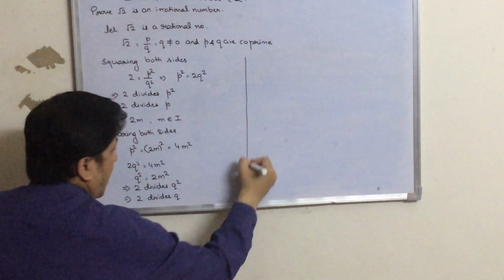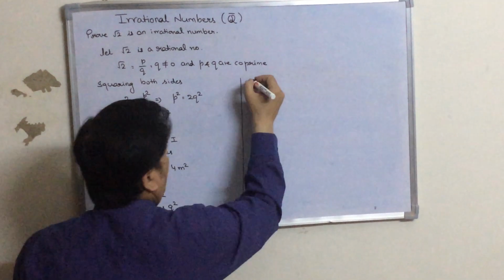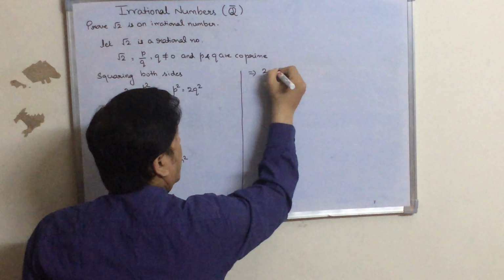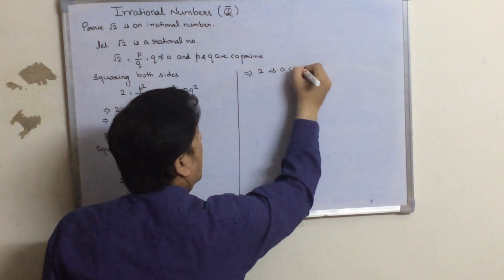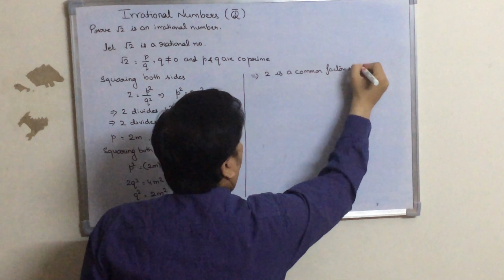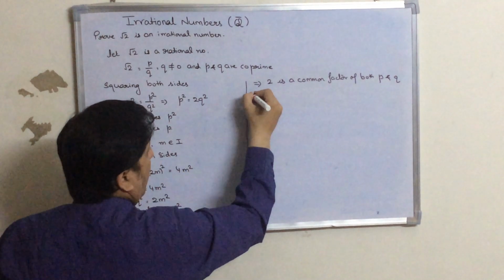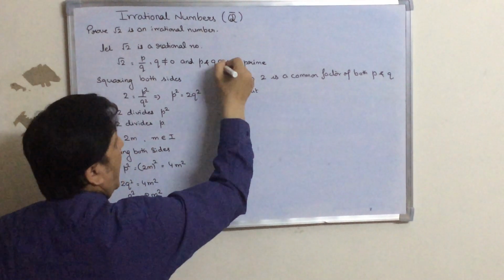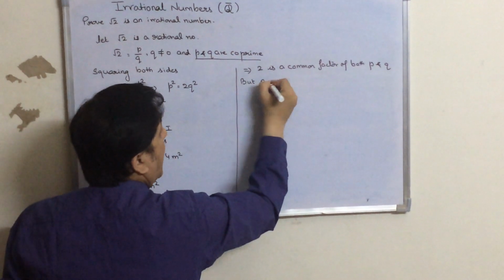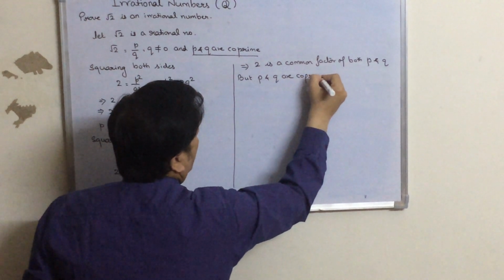Now from this we get that 2 is a factor of P and Q. So this implies that 2 is a common factor of both P and Q. But as per our condition, P and Q are co-prime.